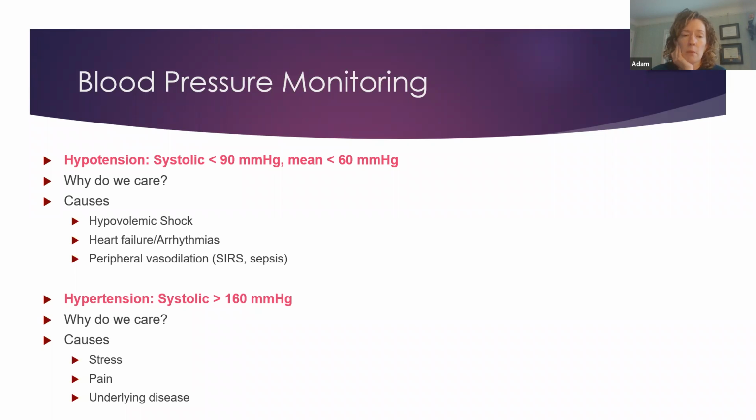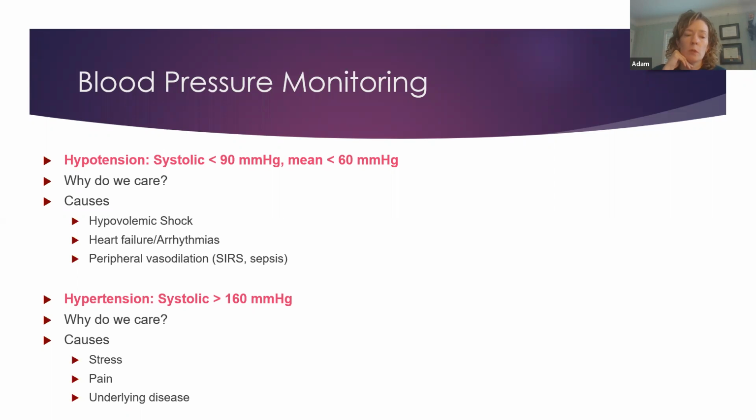Arrhythmias, so they may have an adequate heart rate, but they may not be perfusing with all of those beats. And then things like peripheral vasodilation. So they have plenty of volume in their system, but their peripheral blood vessels are really vasodilated because they're septic or have systemic inflammation or have heat stroke. And so those vessels can't constrict normally and maintain blood pressure.